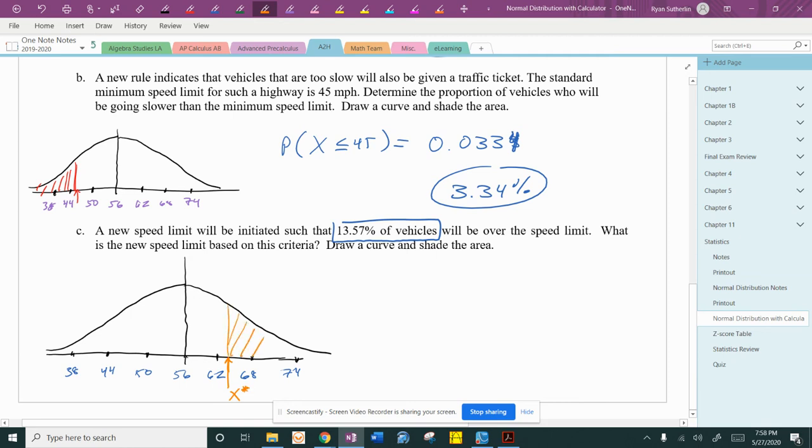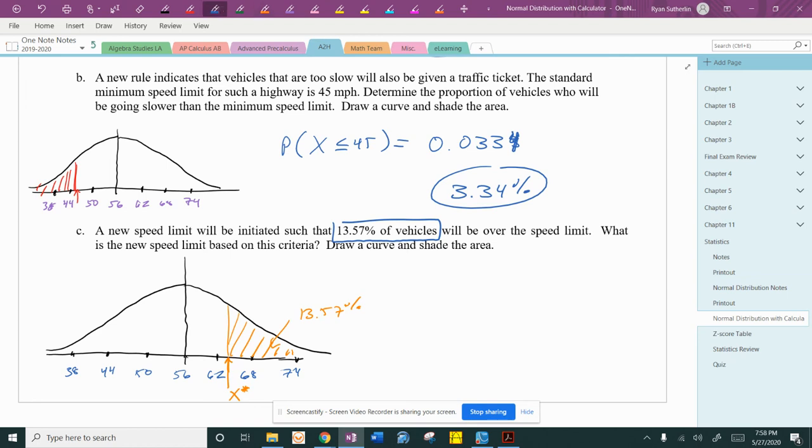So somewhere in there, this area would be 13.57%, right? Because up to 62, we have 84% of the data. So that means 16% of the data is greater than 62. So we want to figure out what this value is between 62 and 68 so that 13.57% of the data is above that.